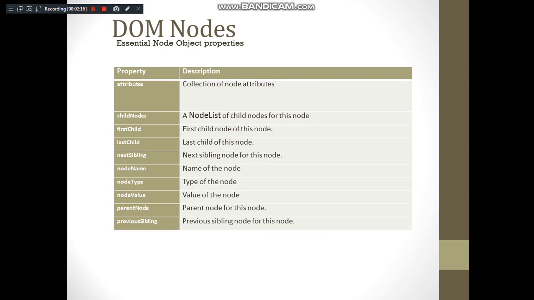So we have a set of properties available with the DOM object. What are those properties and for what purpose they are used, that we will see now, right? One of the properties is attributes, the collection of the node attributes. Child nodes, a node list of child nodes for that particular node. First child is the first child node of the particular node on which we have called it. Similarly, the last child of this node is known by last child.